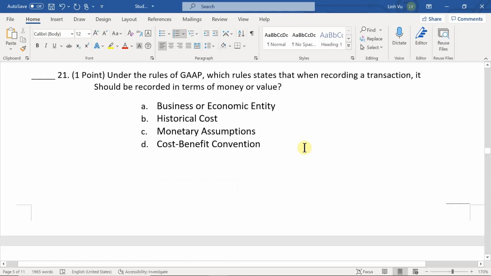Number 21, okay, under the rules of GAAP, which rule states that when recording a transaction, it should be recorded in terms of money or value? C. C, monetary assumption, right?